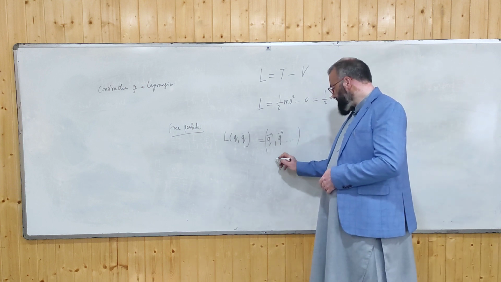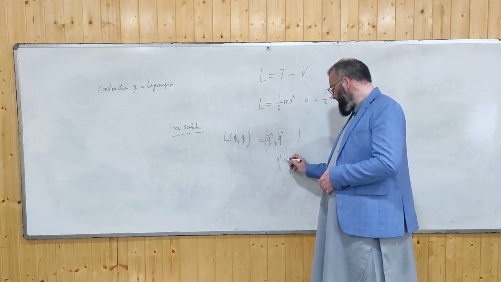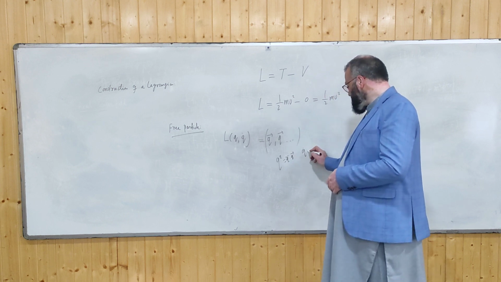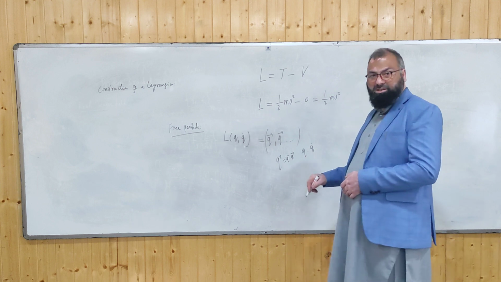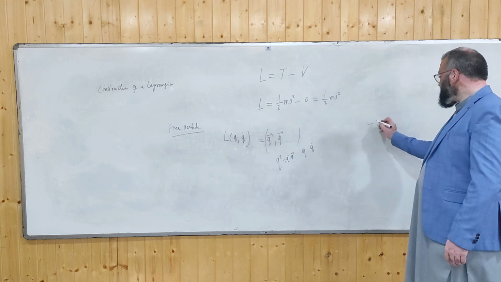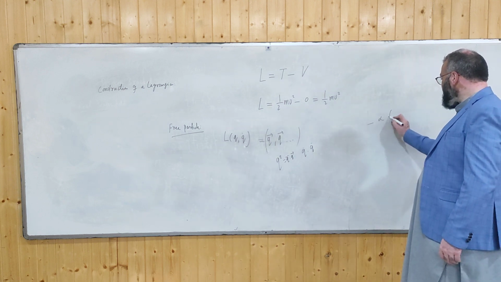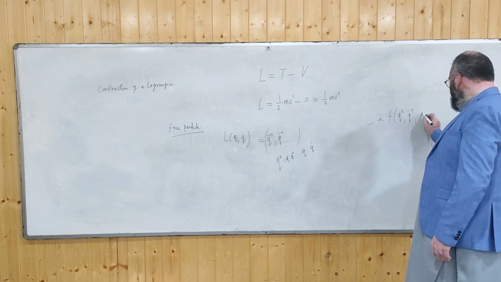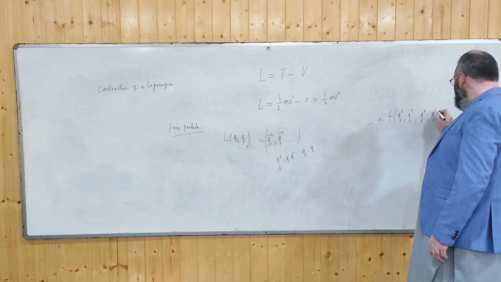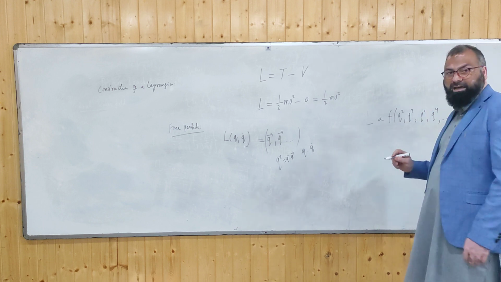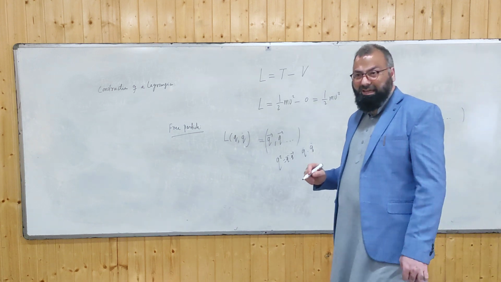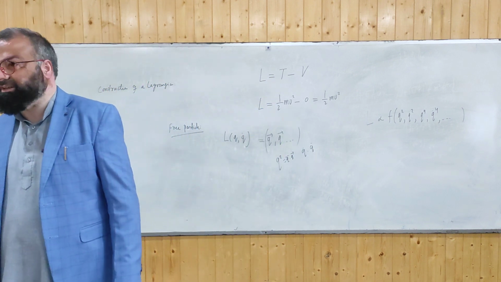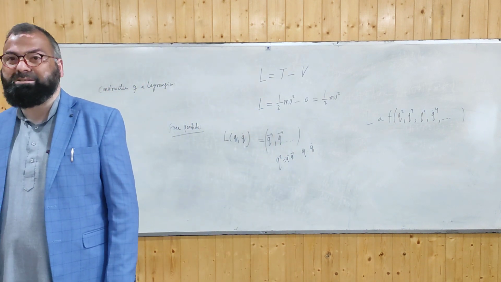It will be q square, that is, q dot q from the dot product. Similarly, q dot dot q dot. So this Lagrangian should be a function of q square, q dot square, q to the fourth, q dot to the fourth, and so on, all the higher even powers. Odd powers will not come because that would violate these symmetry principles.